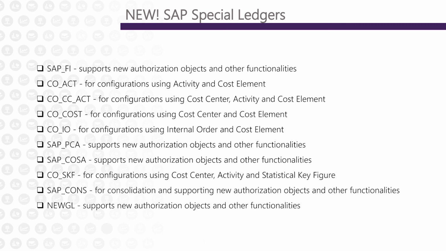There are some new FI ones and some new cost center ones, but there are also ones built around job costing, so we can look at the WBS elements, the activities and the reservations, etc. So there's a whole host of different new special ledgers.